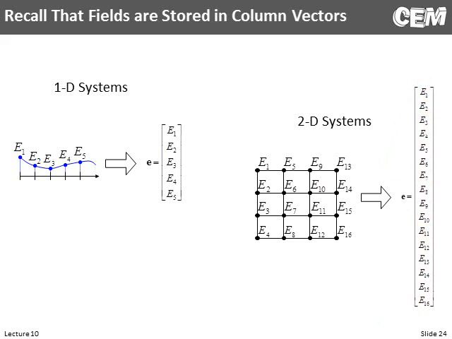And in fact, no matter how many dimensions we have, even if we had 3 dimensions, we can always raster through that 3 dimensions and list all of the elements in a single file array. That's how we're going to store our field values. And we have 3 of them for the electric fields, the X, Y, and Z components, and 3 for magnetic fields, the X, Y, and Z components. So in fact, we're going to have 6 arrays like this, 1 for each component.